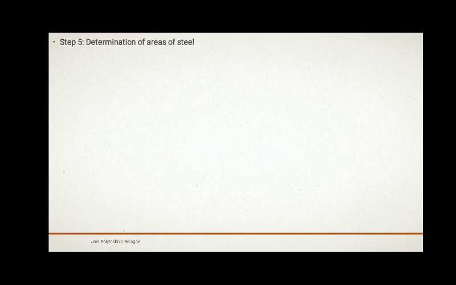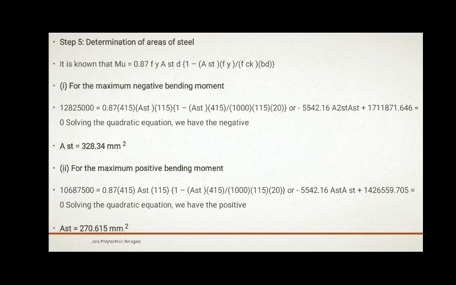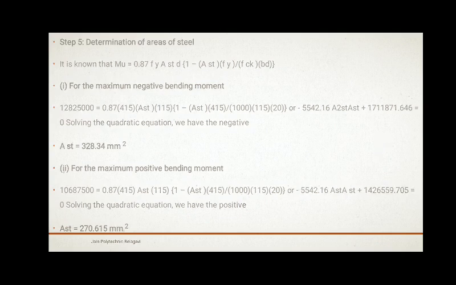Now we have to determine the area of steel. Using the normal equation for two cases, for maximum negative bending moment and maximum positive bending moment, we get Ast equal to 328.34 mm square in case of maximum negative bending moment, and Ast equal to 270.615 mm square in case of positive bending moment.